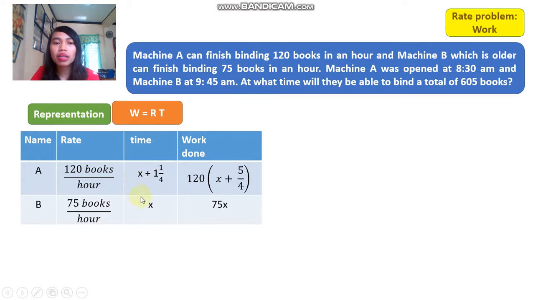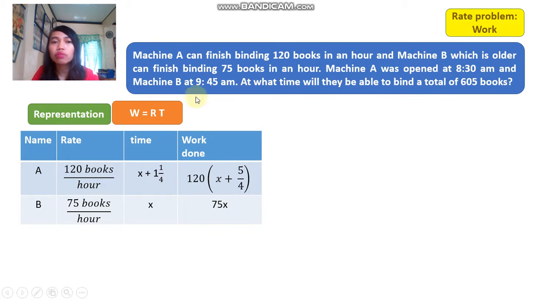Now the time here. Since machine B is 9:45 and machine A is 8:30, if machine B is X, then machine A is X plus the difference between them.